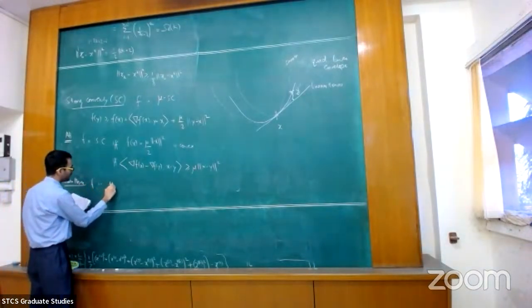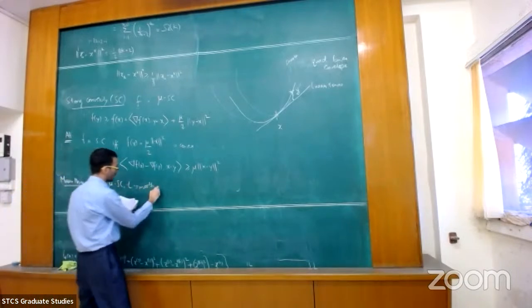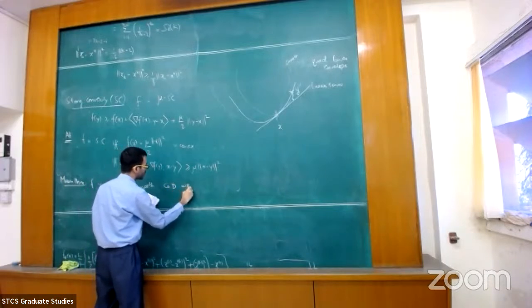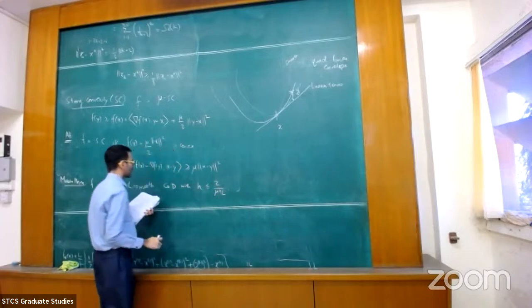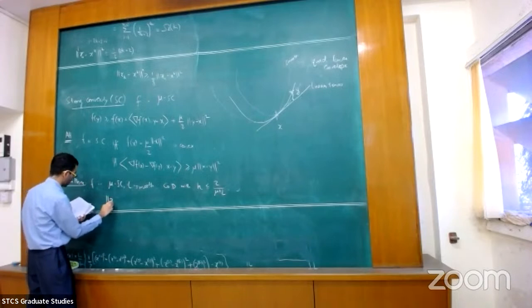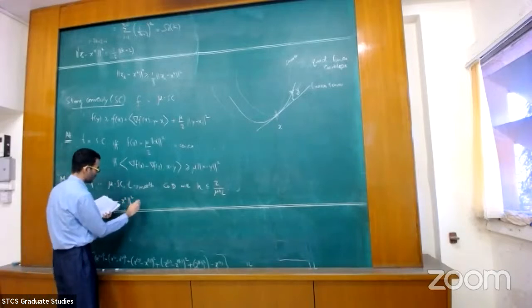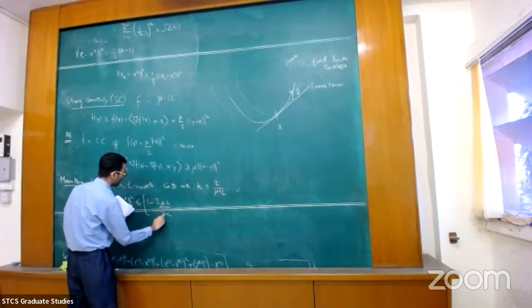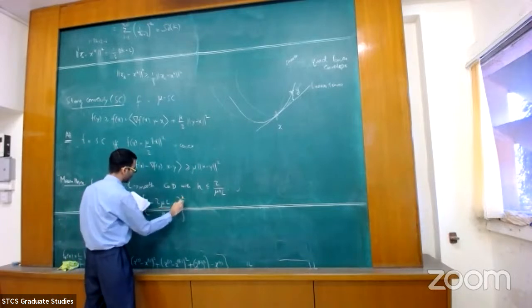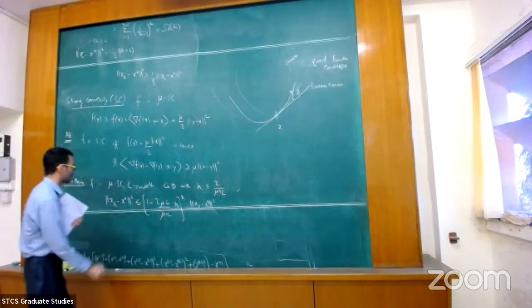If f is mu strongly convex and L smooth, so you have both of these things, and you run gradient descent with step size at most 2 over mu plus L, then xk minus x star square is at most 1 minus 2 mu L over mu plus L, to the power k, times x0 minus x star square.